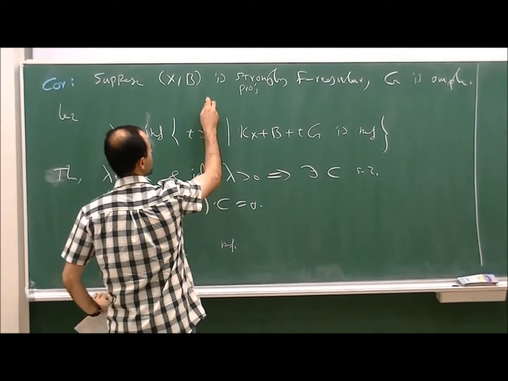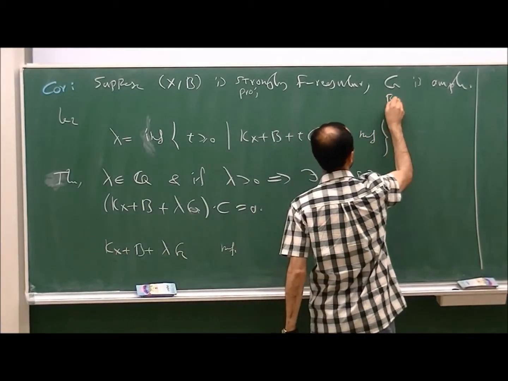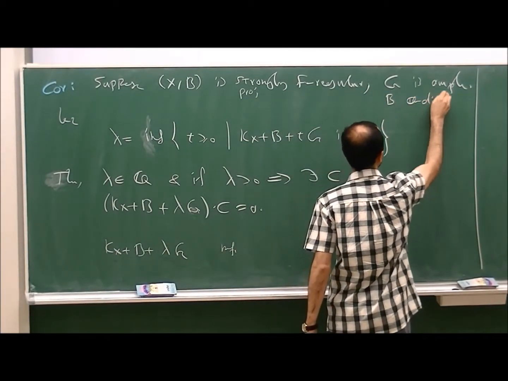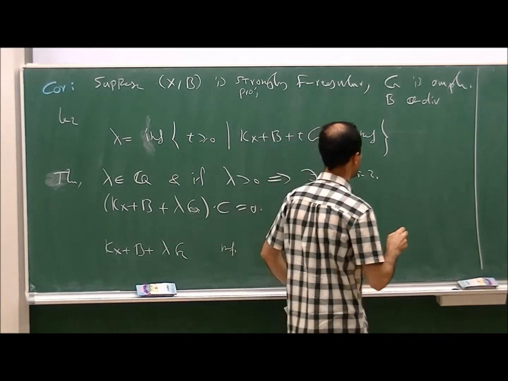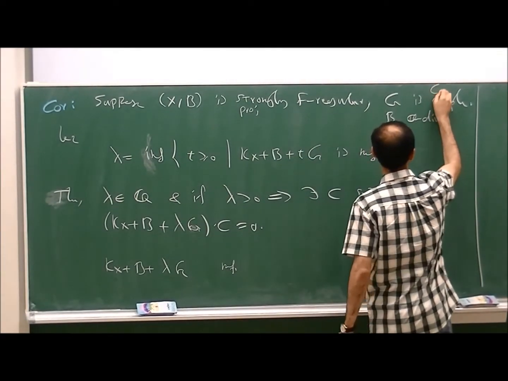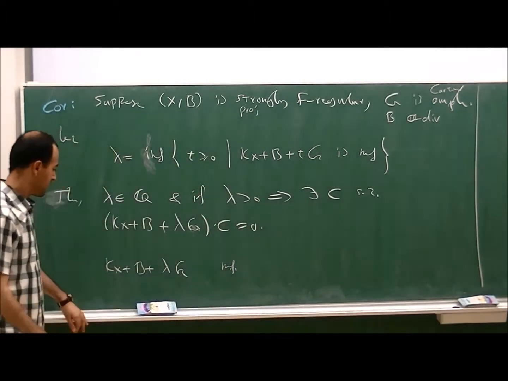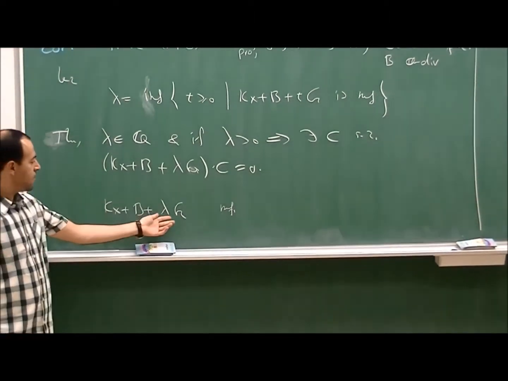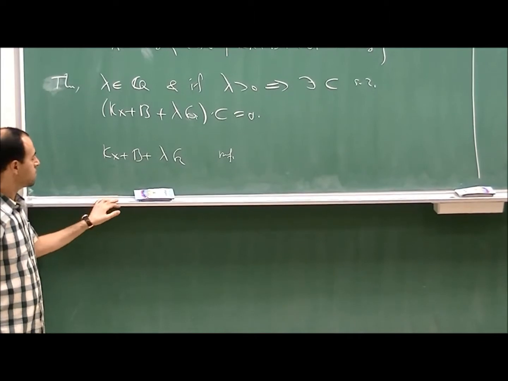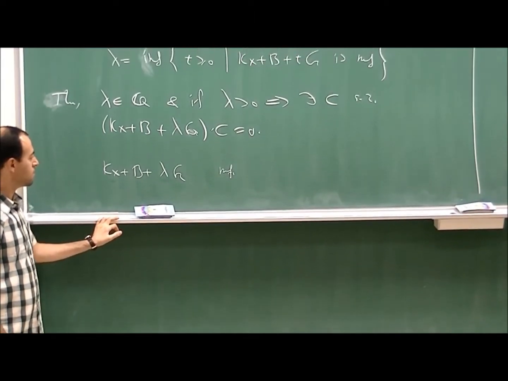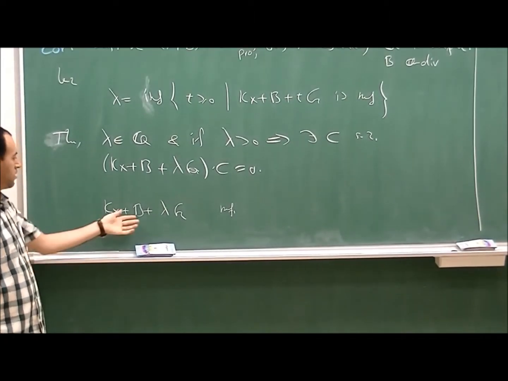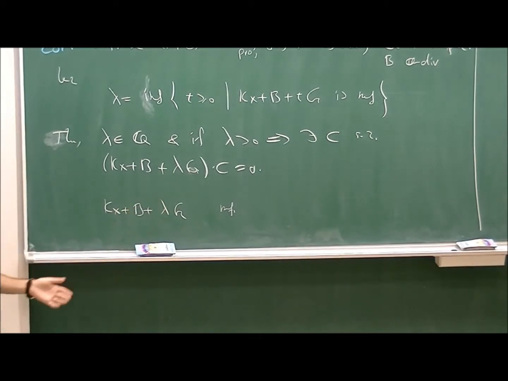Sorry, so this B should be a Q-divisor. But the G is, let's say, just any ample Q-divisor. So if you know that lambda is a rational number, then everything here is rational, and as I said, it's much easier to work with rational numbers, rational divisors, because you take some multiple and it becomes Cartier and so on.